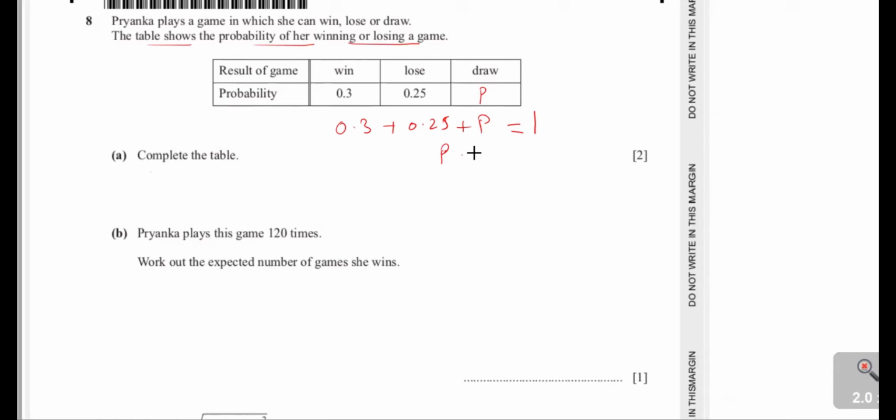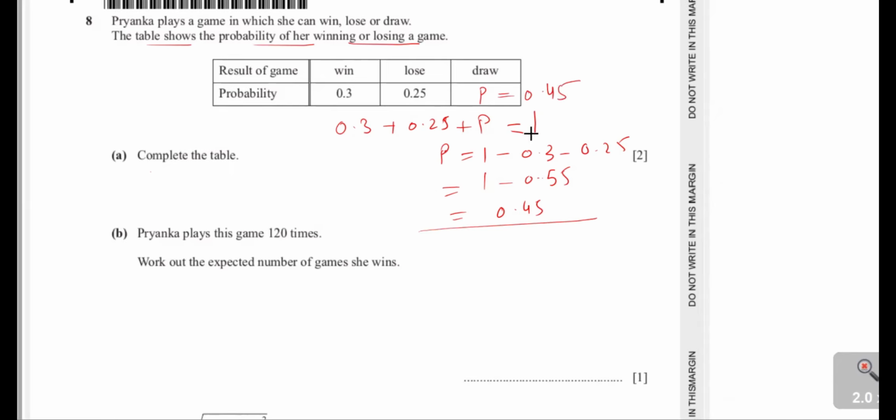P will be equal to 1 minus 0.3 minus 0.25. Minus 0.3 minus 0.25 is minus 0.55, and 1 minus 0.55 equals 0.45.